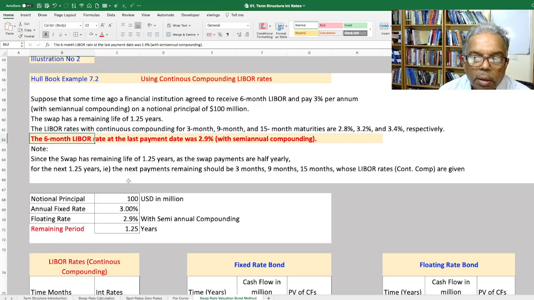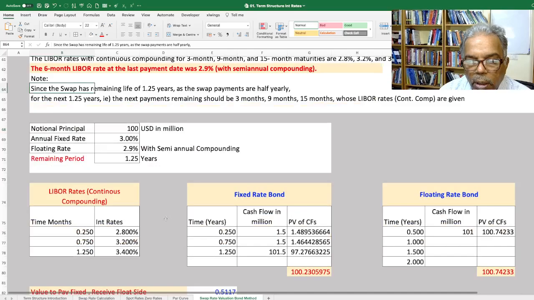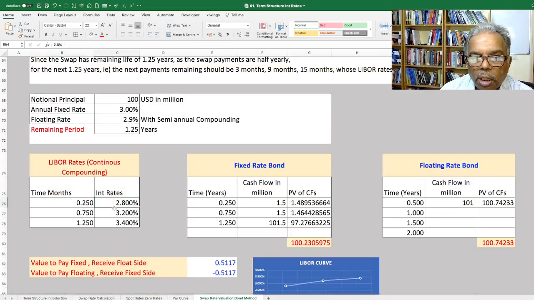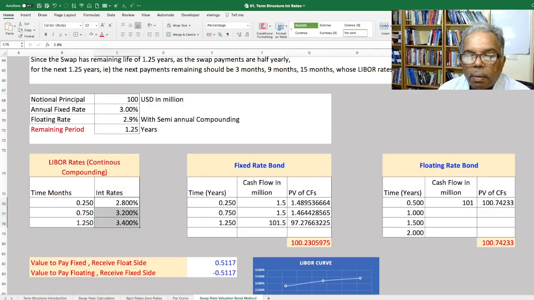Since the swap has a remaining 1.25 years and the payments are on a 6-month basis, the interest rates are given for 3 months, 9 months, and 15 months. The LIBOR rates in this example are continuously compounded.